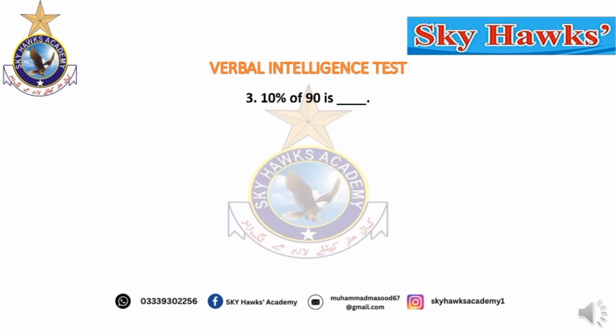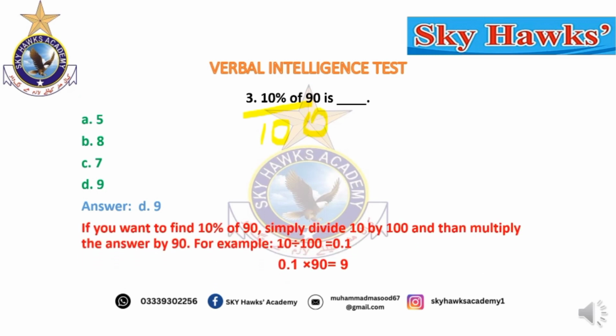Next is 10% of 90. Again, follow the same steps, and the answer would be 9, because 10 divided by 100 will give you 0.1, and when you multiply 0.1 by 90, it would give 9.